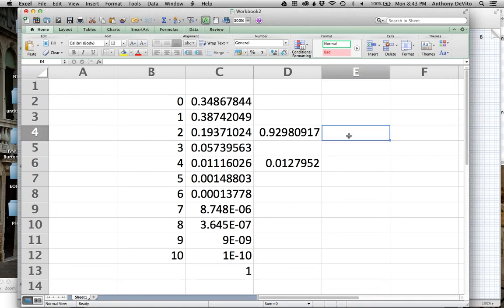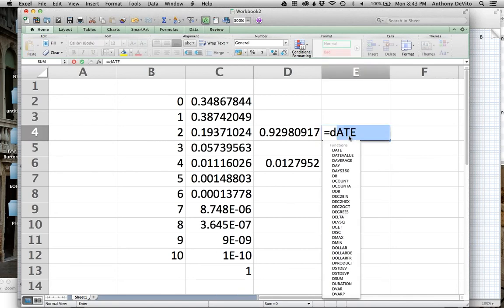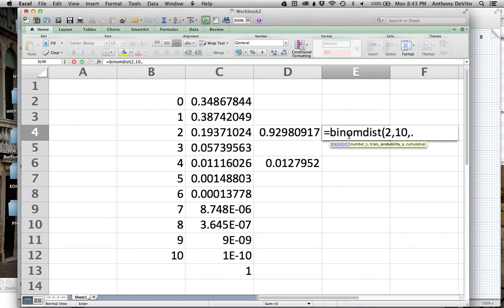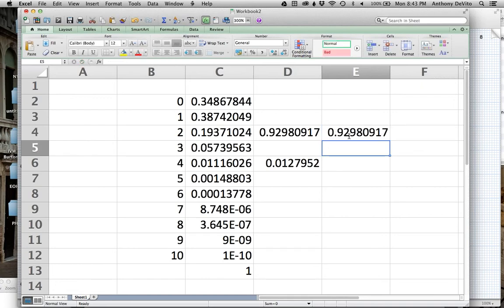Okay. Now, in fact, you can use this binom dist function to do that. Binom dist, parentheses, and now I'm going to tell it binom dist for two diabetics, comma, 10 trials, comma, 0.1 probability, comma, true for cumulative, and it actually does calculate the probability for 2, 1, and 0 all added together.